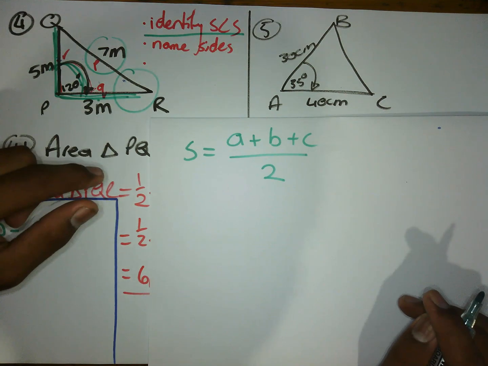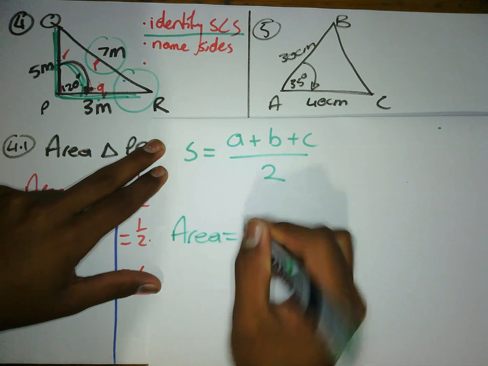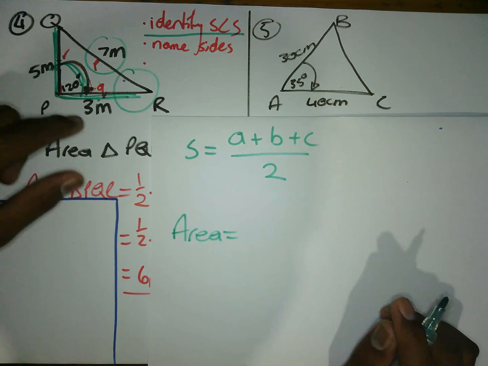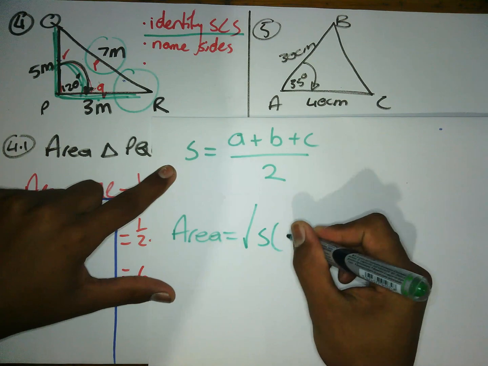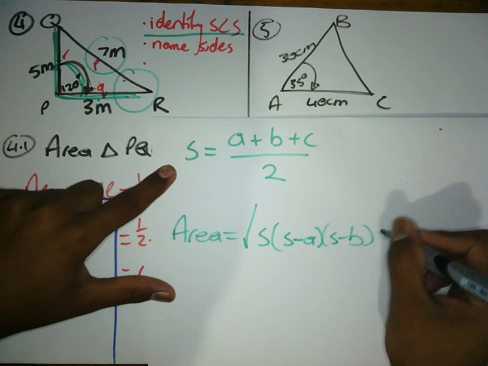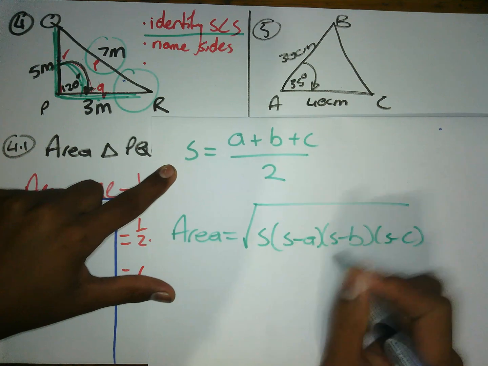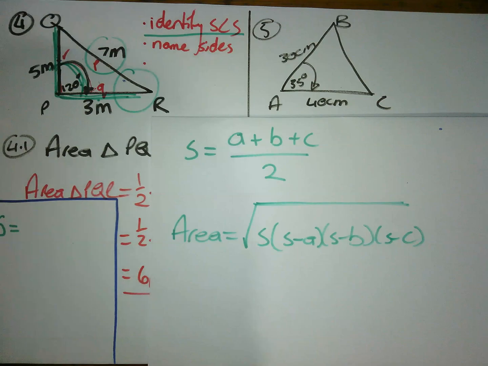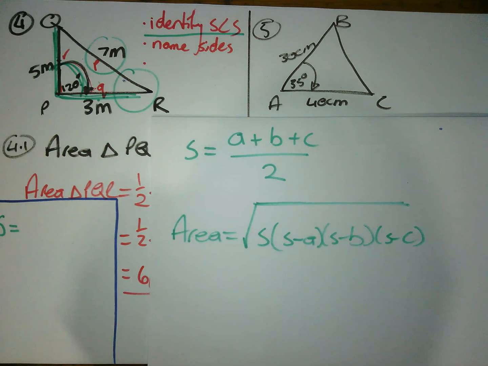Then for the area using this rule, it's looking like this: S, S minus A, S minus B, S minus C.